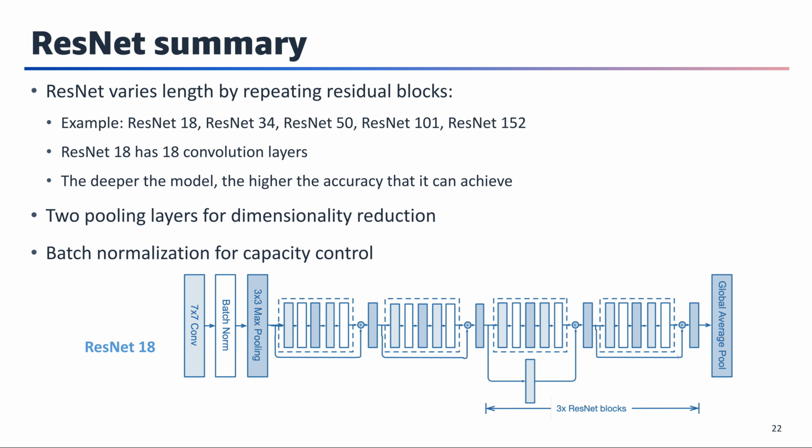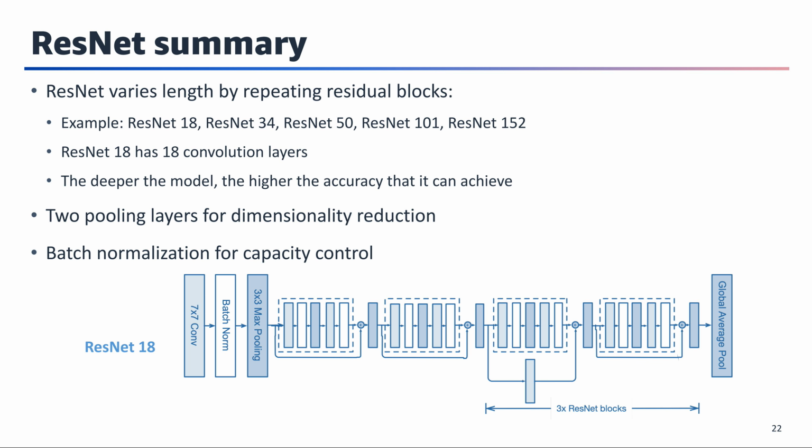In summary, ResNet varies its depth by repeating residual blocks of the same structure. The number in the ResNet name, such as ResNet 18, ResNet 34, ResNet 50, ResNet 101, or ResNet 152, indicates the number of convolutional layers in the network. For example, ResNet 18 has 18 convolutional layers.